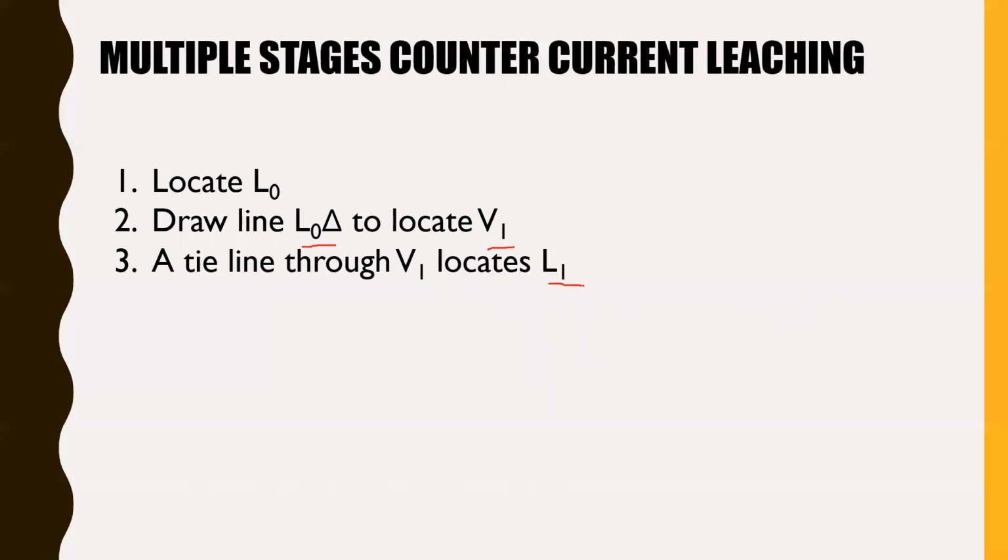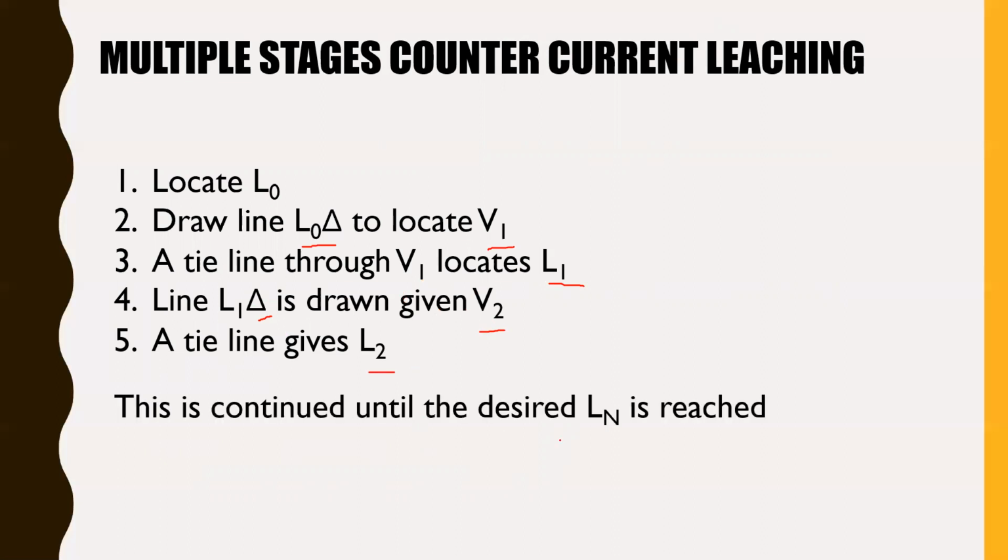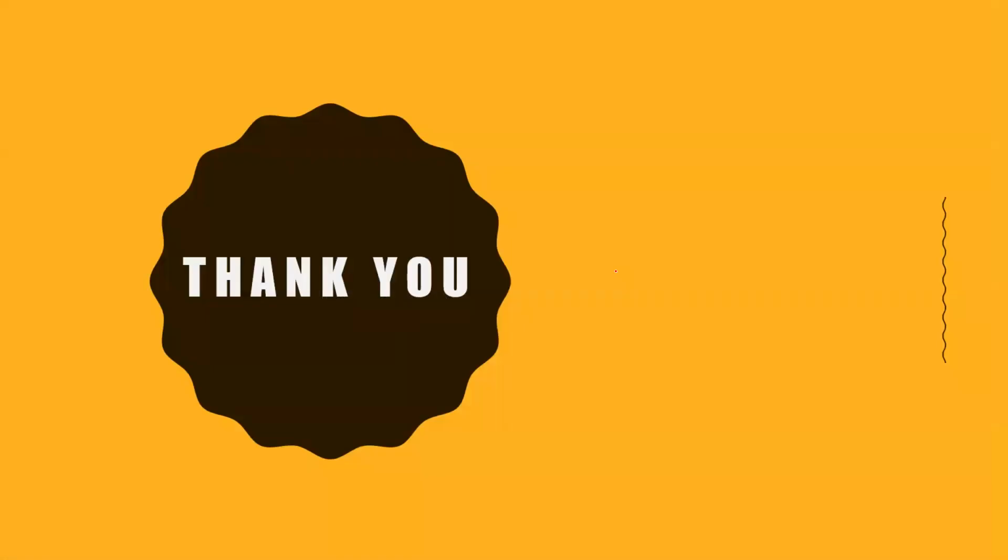This will locate L1, and then the line from L1 through the operating point is drawn to give V2, and this V2 finally will give you L2. All this needs to be repeated until the desired Ln is reached. Thank you.